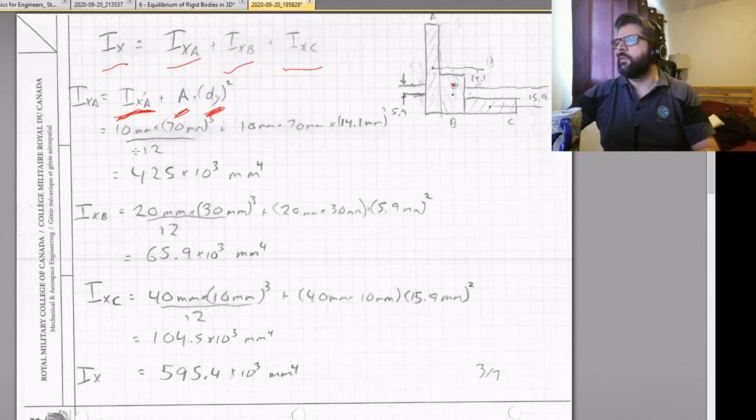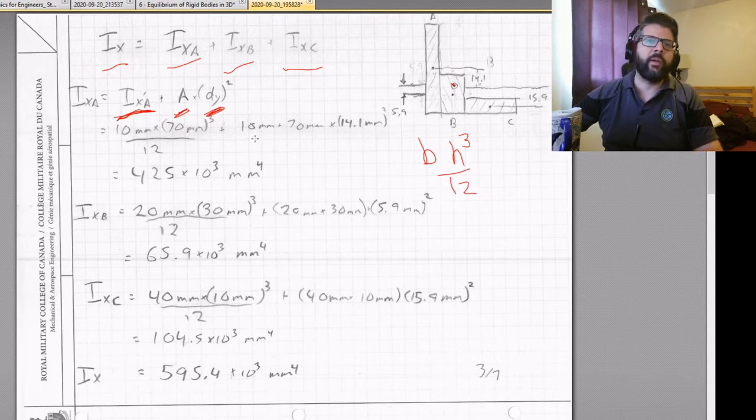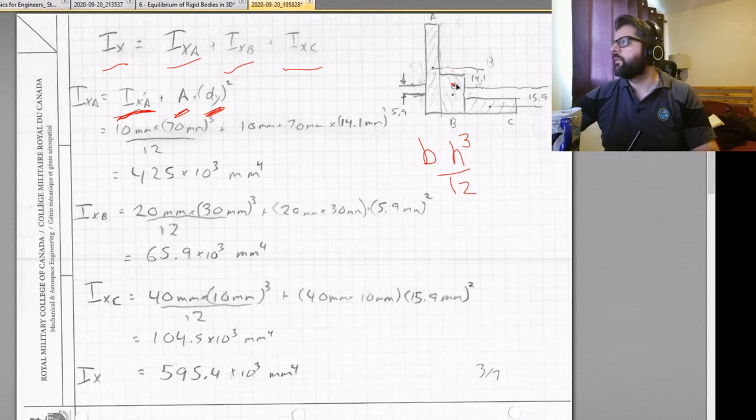So again, these are all rectangles, so we know that the Ix prime for A is just bh cubed over 12. And of course area is just base times height. So for that one, shouldn't be too difficult.